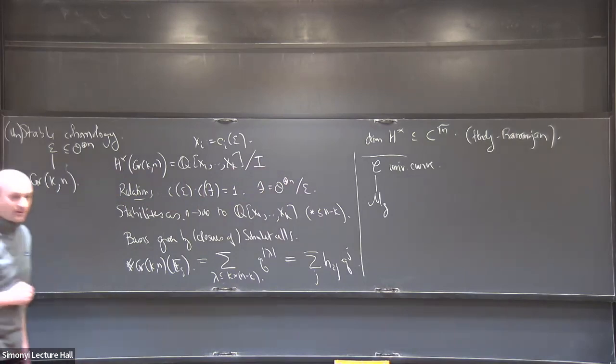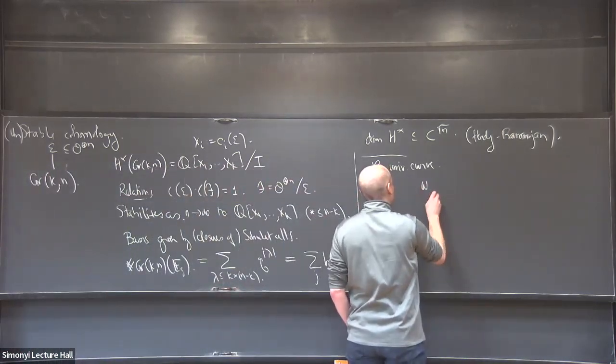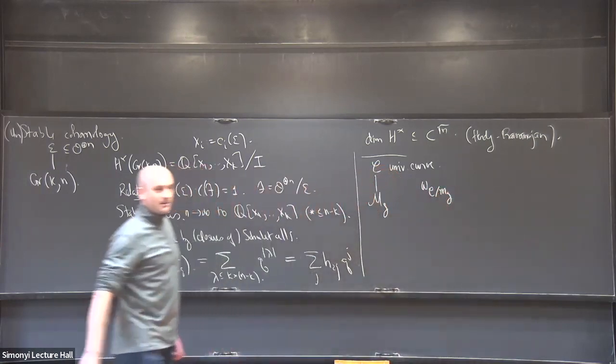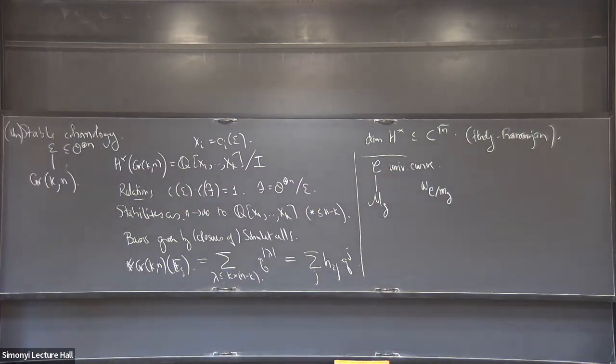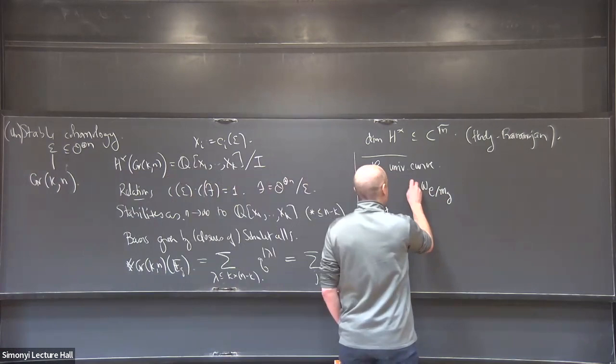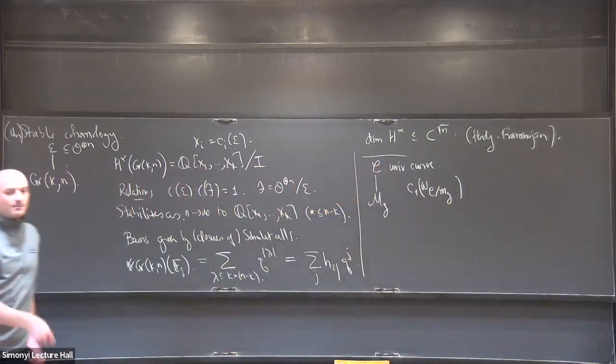So on the universal curve, now we have a tautological line bundle. So the line bundle would be the relative canonical bundle. So the fiber over a point will be the cotangent bundle of the curve at that point. And this line bundle has a first Chern class, c_1, and then we can apply operations.